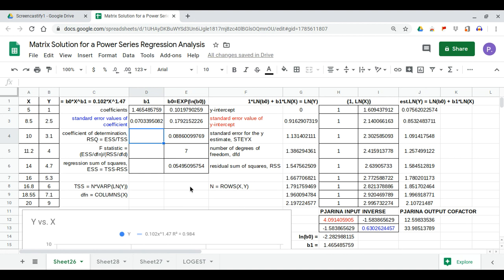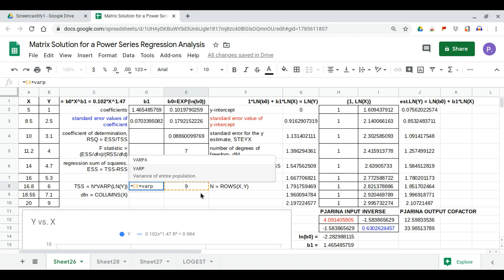Next, we calculate the population, which is equal to the rows of the dataset. We have a population of 9. Next, we calculate the total sum of squares, which is equal to the population times the variance of the population of ln y.